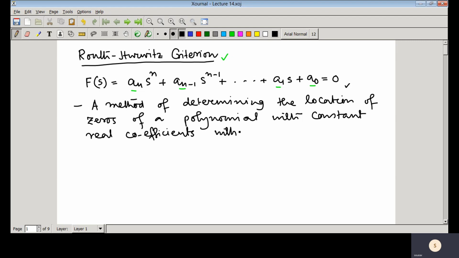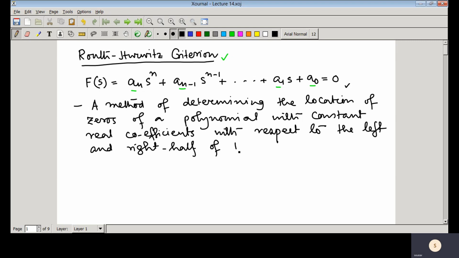It determines the location of roots with respect to the left and right half of the S-plane without actually solving for the zeros.